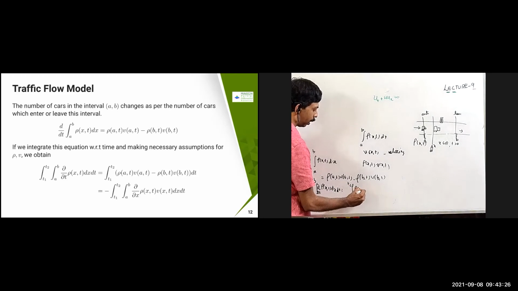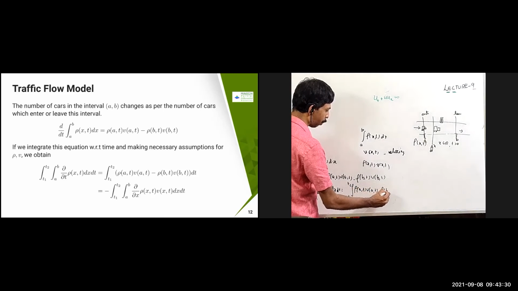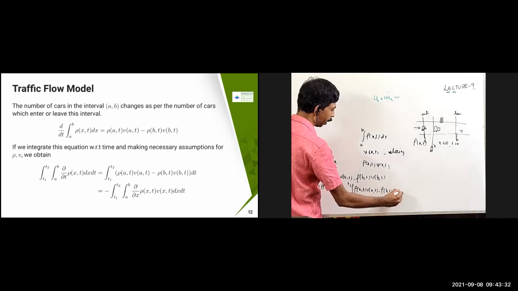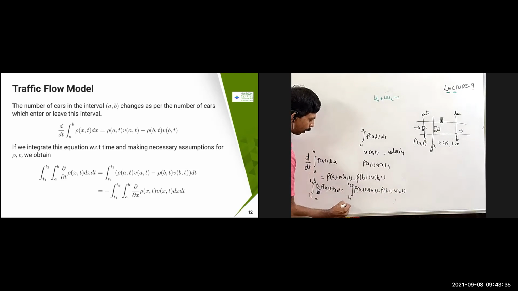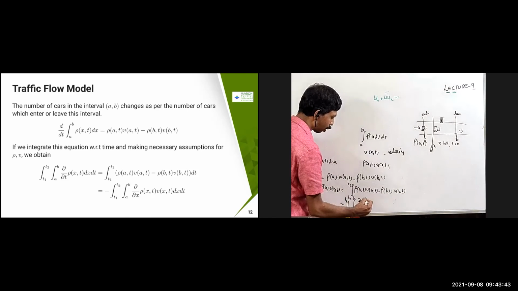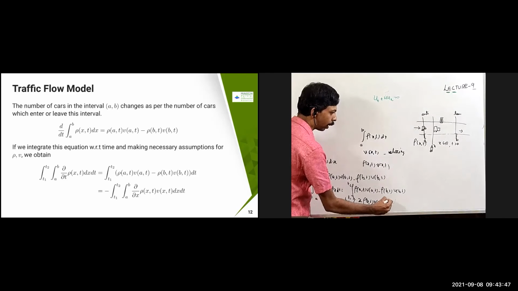This equals the integral from t1 to t2 of rho(a, t) v(a, t) minus rho(b, t) v(b, t). This one I can write as the integral from t1 to t2, the integral from a to b, of the partial derivative with respect to x of rho(x, t) v(x, t), dx dt.